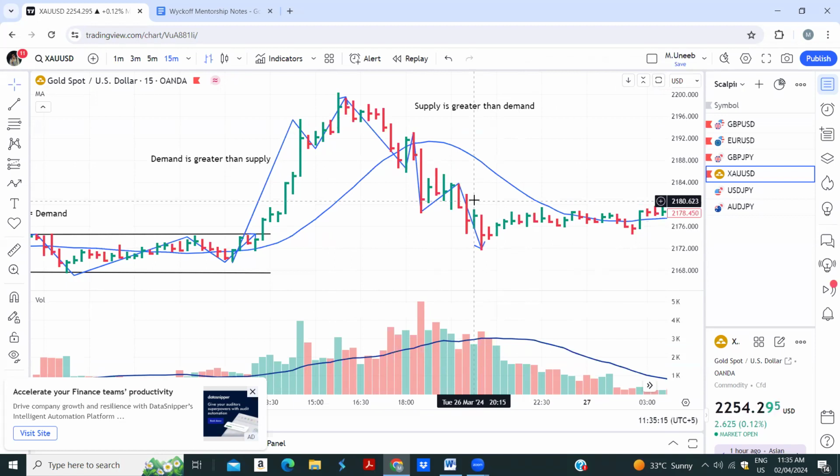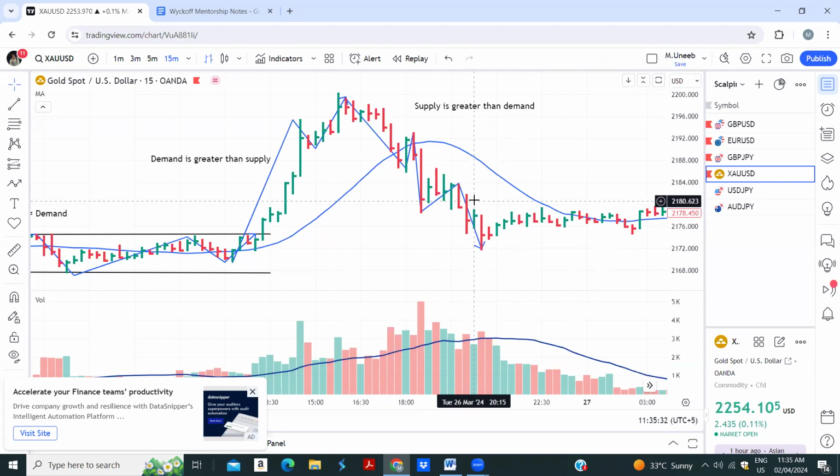So basically, supply means sellers, demand means buyers. When we say that demand is greater than supply, we say that the buyers are more than the sellers. In this way, whenever the buyers are more than the sellers, the price is going to go up.